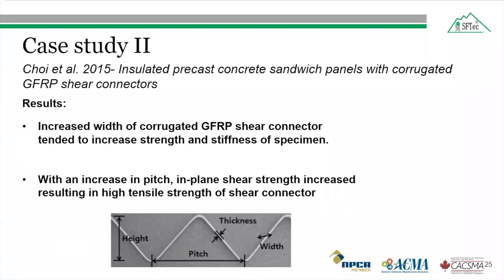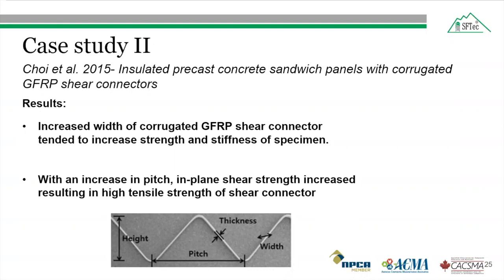So from these two case studies, what we found is that in the first case study, the thermal resistance of the GFRP connectors is better than that of the steel connectors. Even when a larger size of GFRP connector is used, it will provide better thermal resistance as compared to the steel connectors.